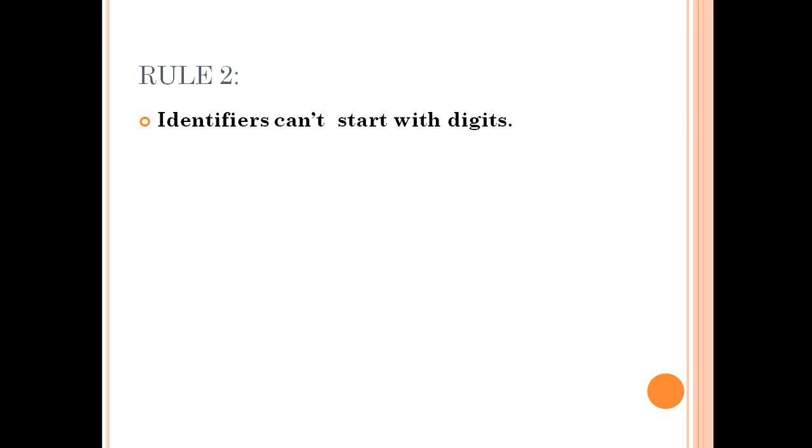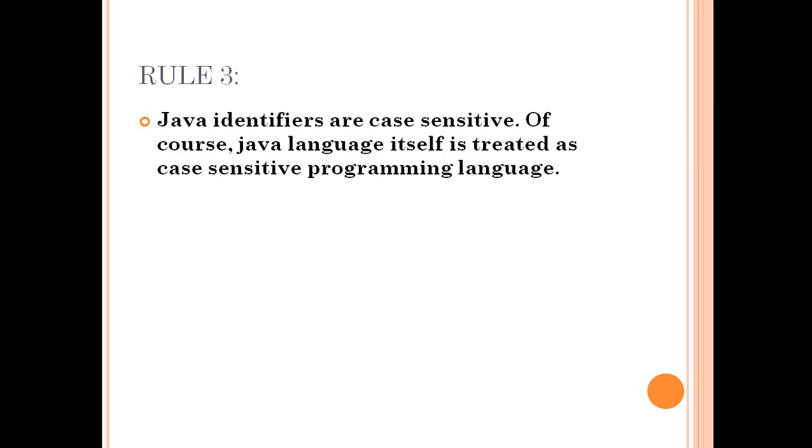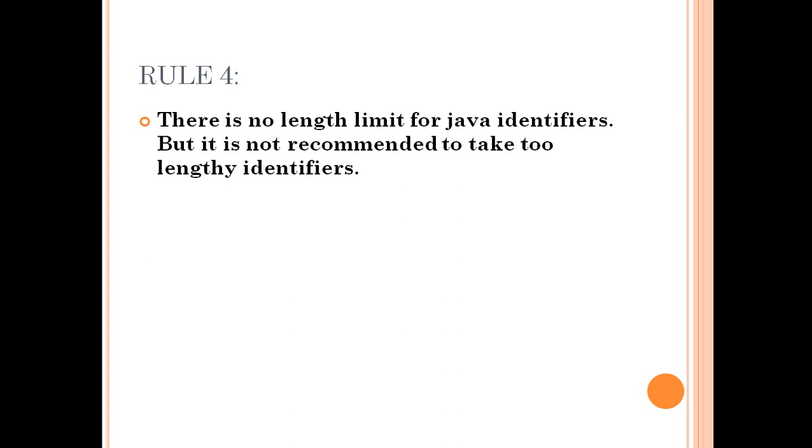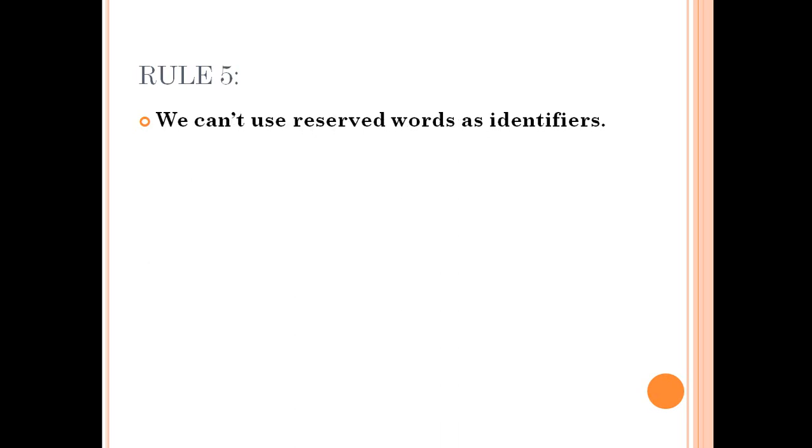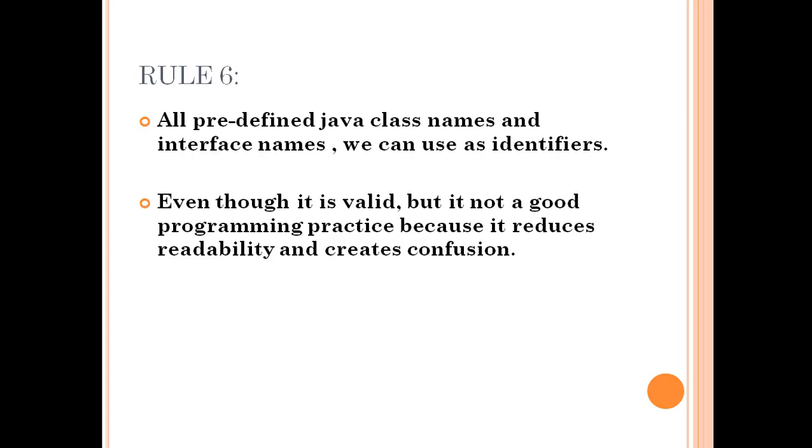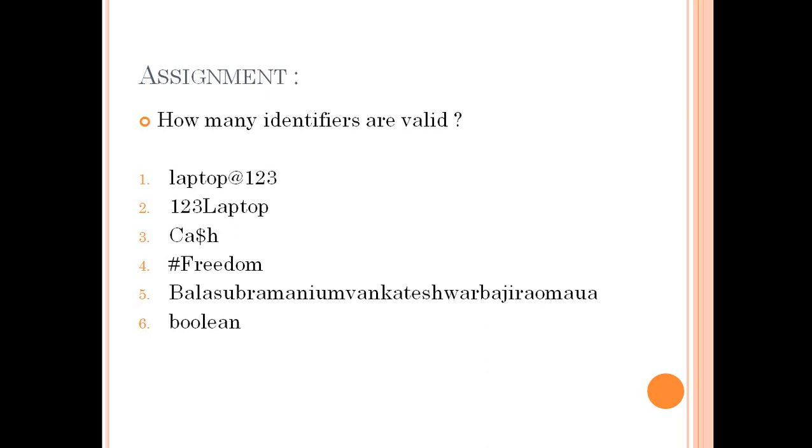The third rule said that Java identifiers are case sensitive. The fourth rule said that there is no length limit for Java identifiers. The fifth rule said that we cannot use reserved words as identifiers. And the last rule was that we can use predefined Java class names and interface names as identifiers.